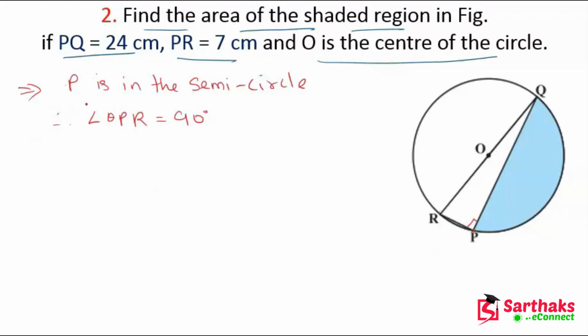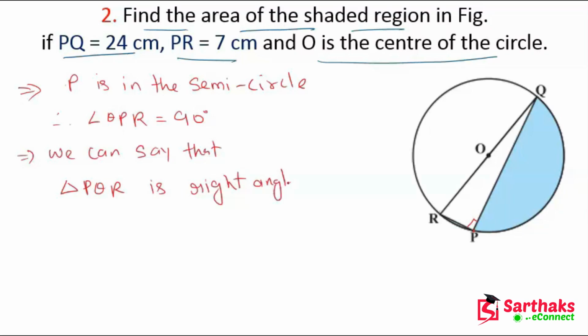So we can say that triangle PQR is a right angle triangle. Is what? Right angle triangle.